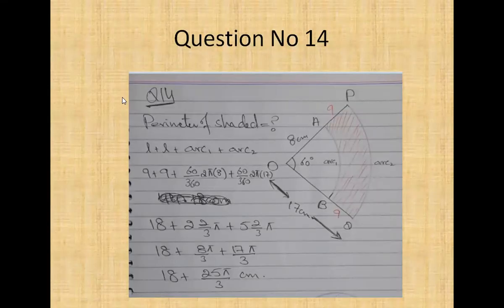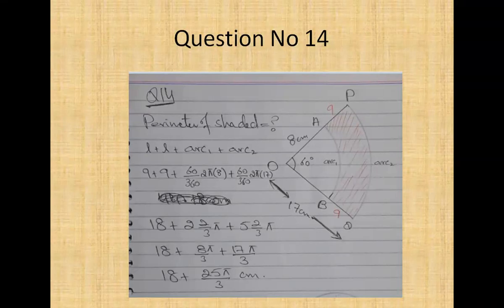If you want to find the perimeter of the shaded region, you see AP is a straight line, the total radius is 17, the smaller radius of the smaller sector is 8. So the length will be 9 centimeters.